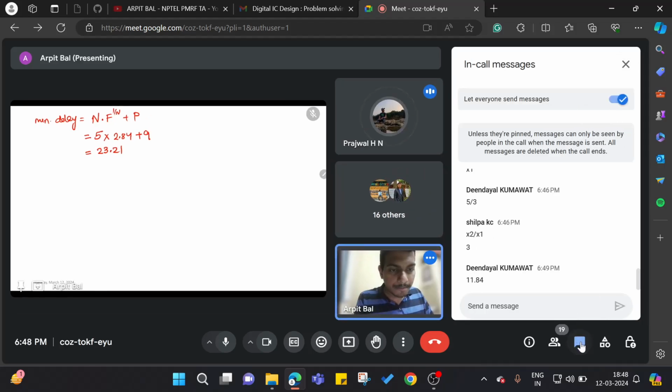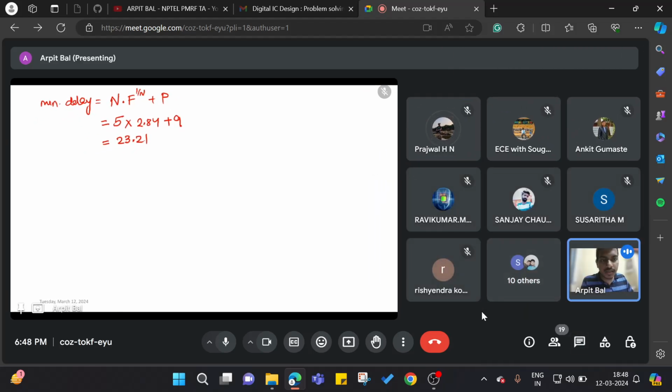Is everyone clear till this part? How did we calculate the minimum delay? Does anyone have any doubt?